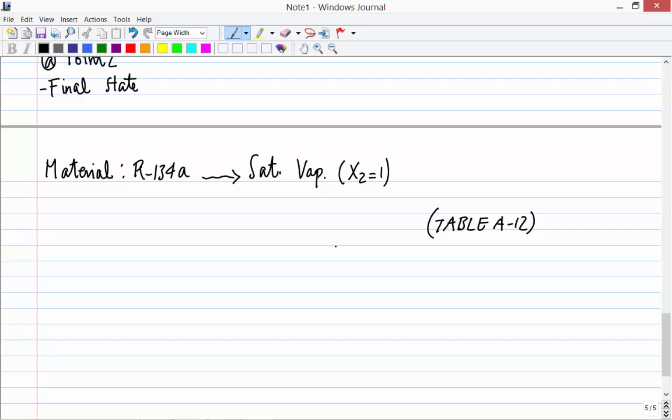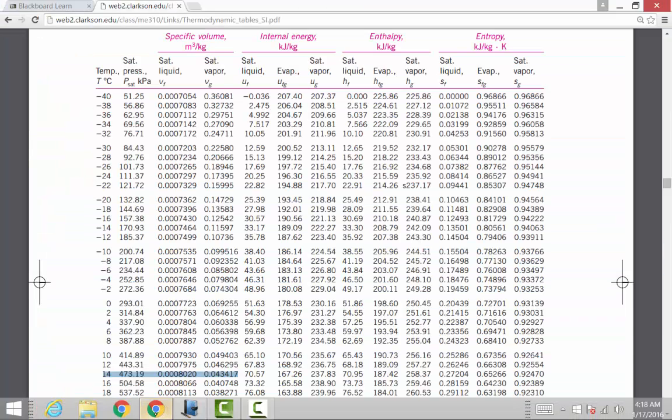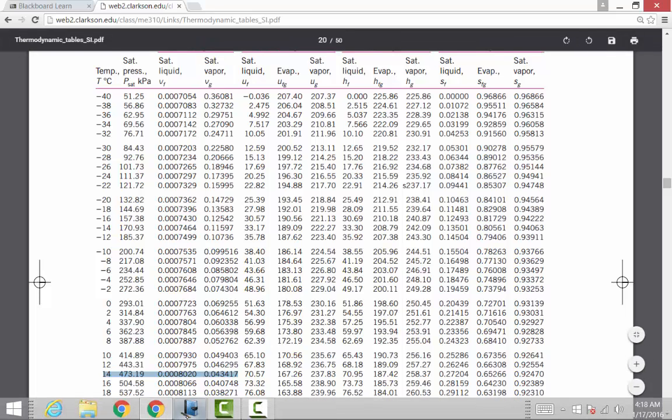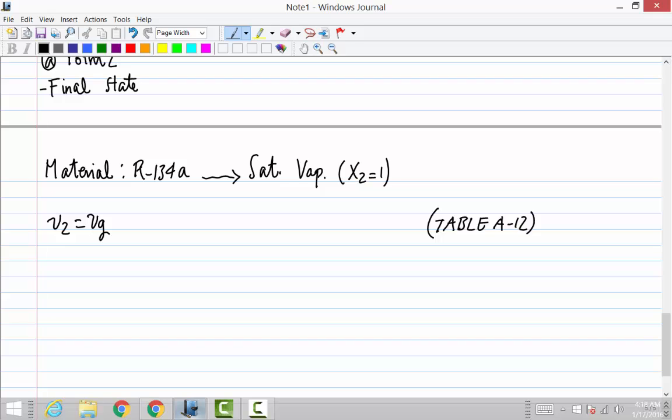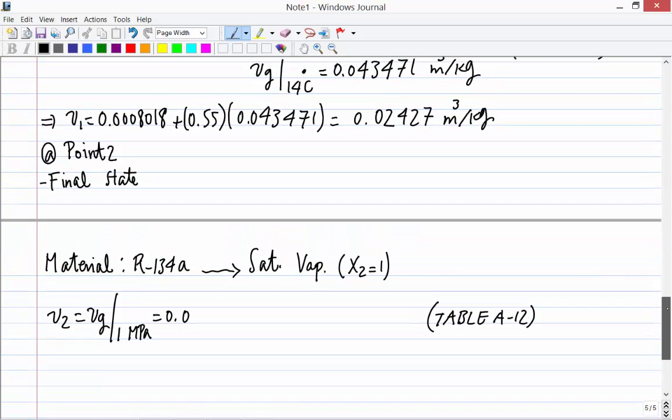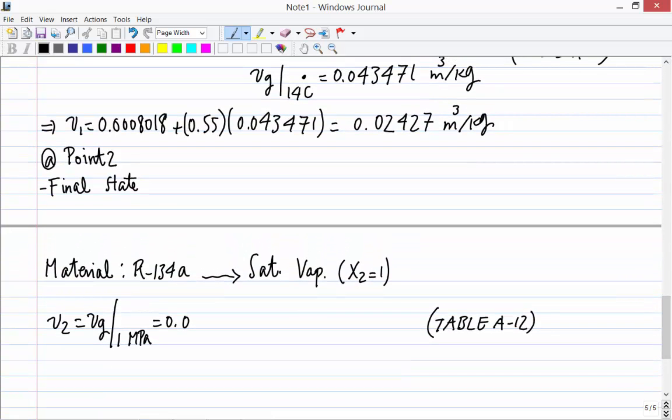And it's saturated vapor. So it means that V2 is Vg, right? It's saturated vapor. Look it up. See? Saturated vapor Vg at 1 megapascal, which is... uh-oh.